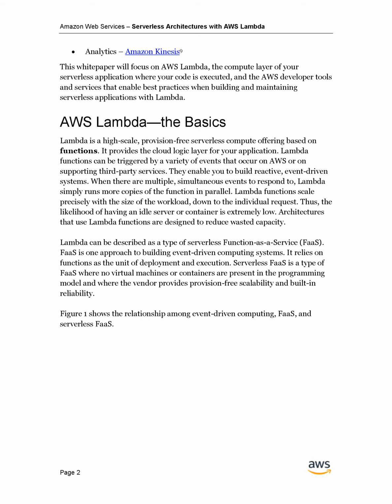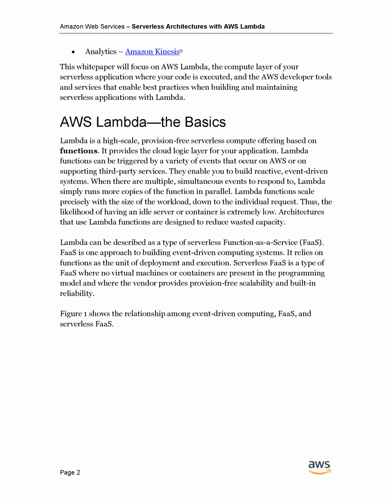This white paper will focus on AWS Lambda, the compute layer of your serverless application where your code is executed, and the AWS developer tools and services that enable best practices when building and maintaining serverless applications with Lambda.